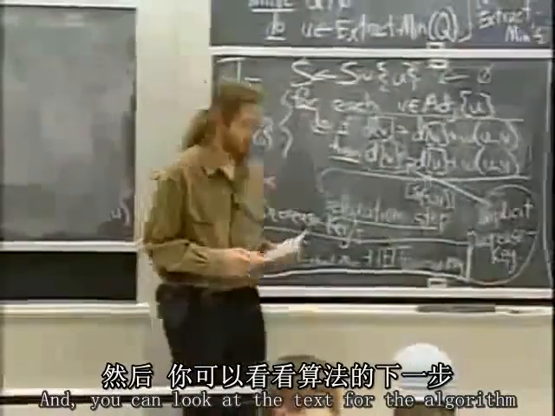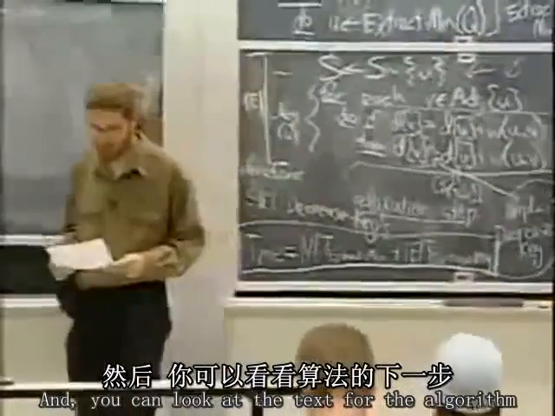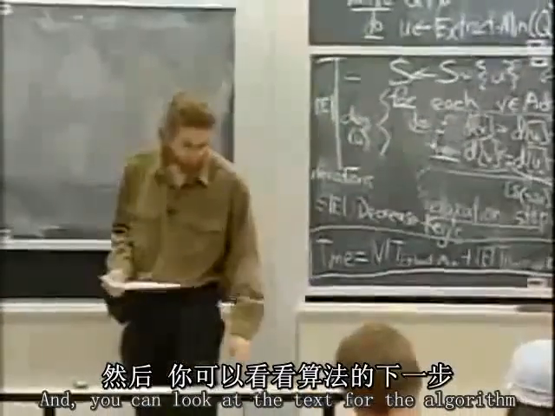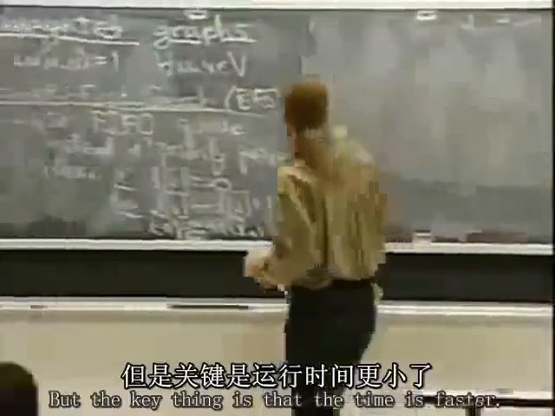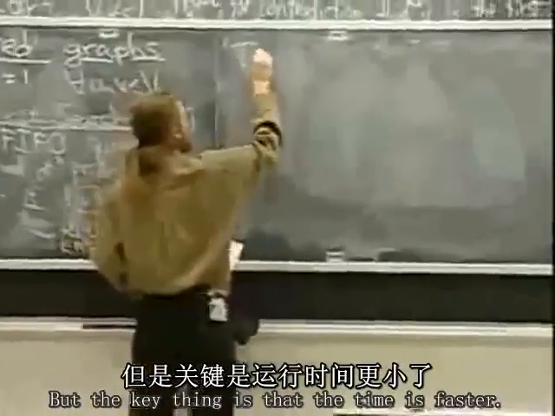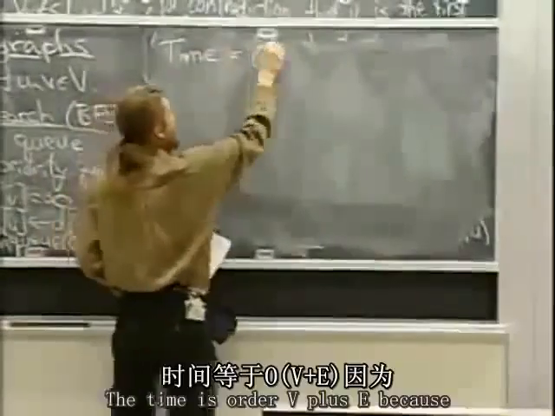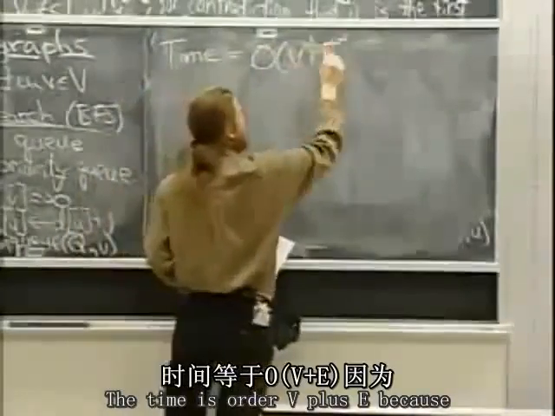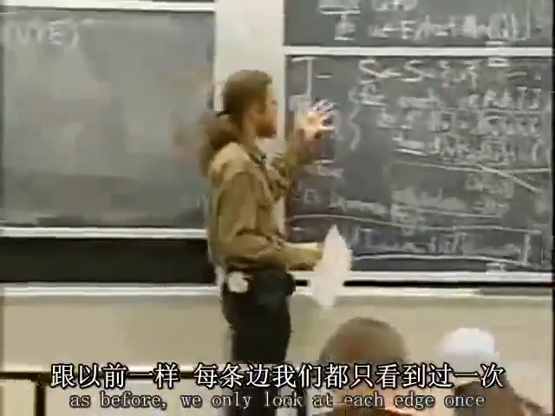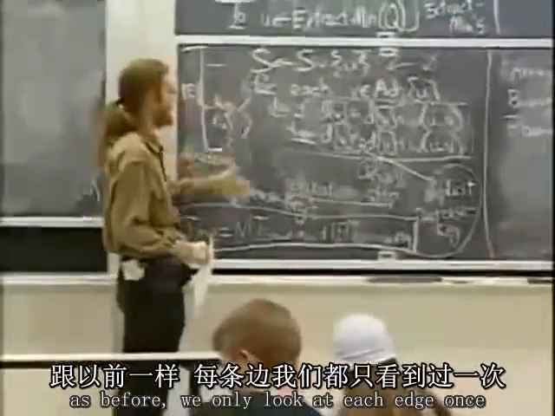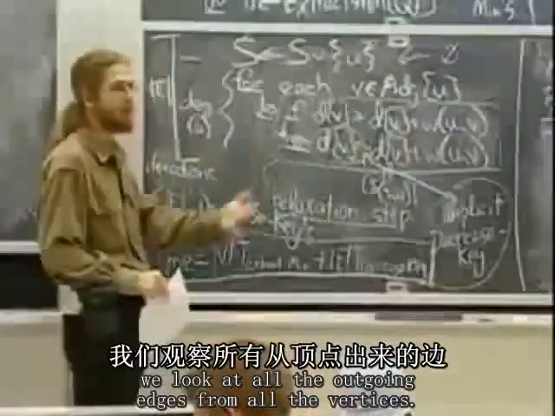And you can look in the text for the algorithm and for an example, because I don't have time to cover that. But the key thing is that the time is faster. The time is order v plus e. Because, as before, we only look at each edge once. We look at all the outgoing edges from all the vertices.